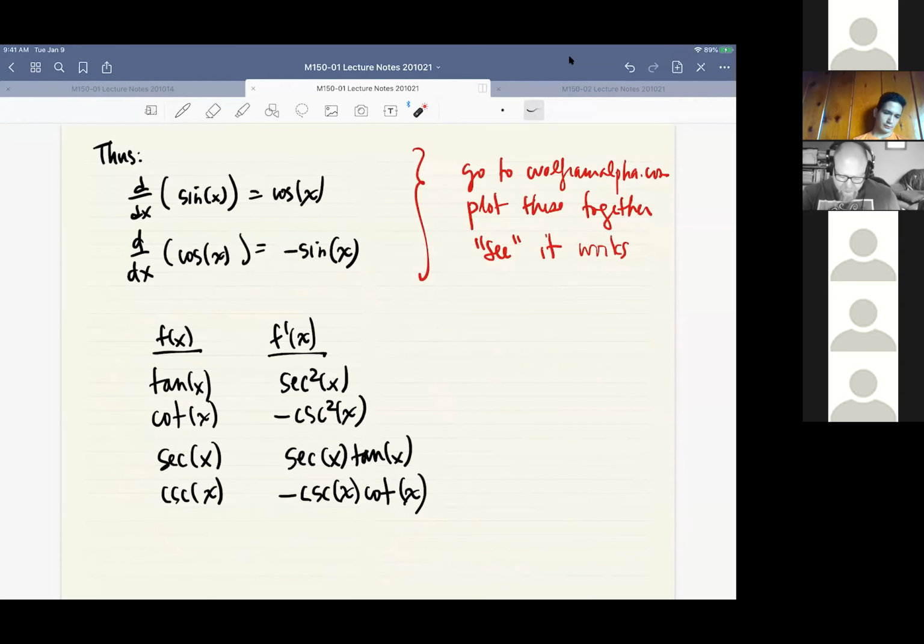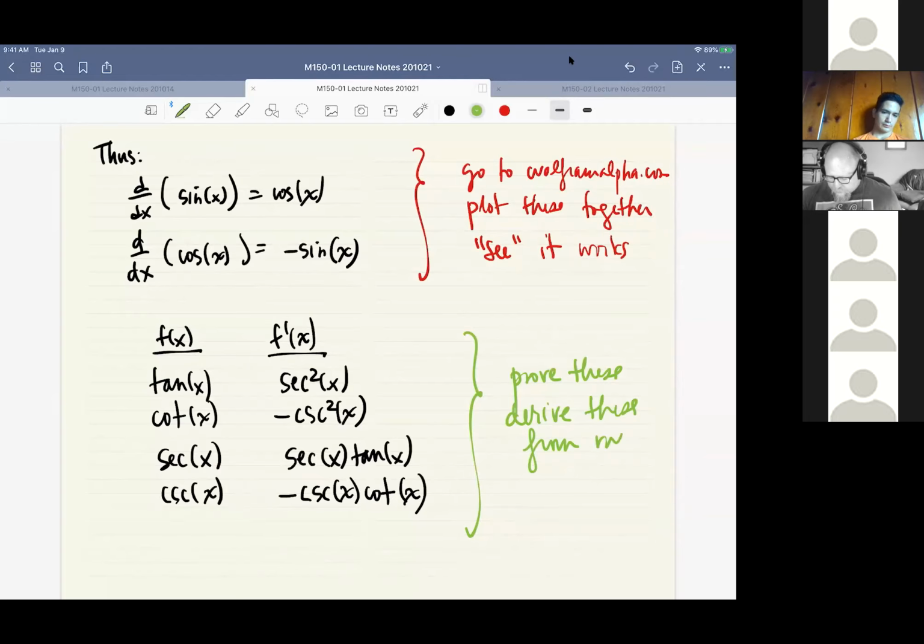But I'm going to tell you, prove these. Derive these is the way we like to think of them. Derive these from rules of differentiation. If you can derive these formulas using the rules of differentiation, you'll never have to memorize them.